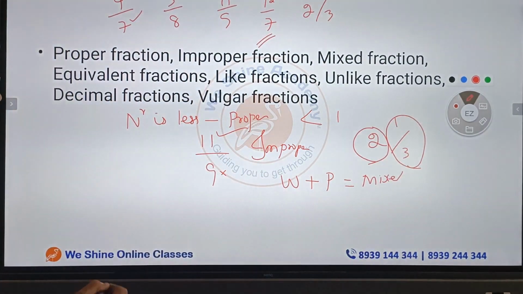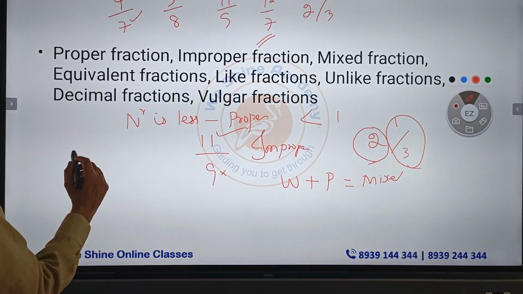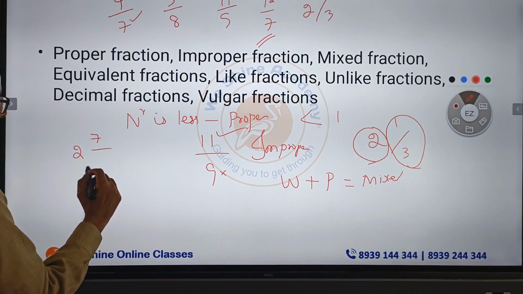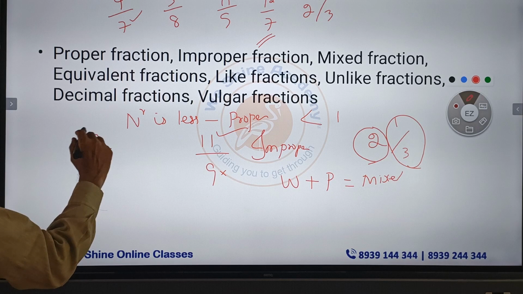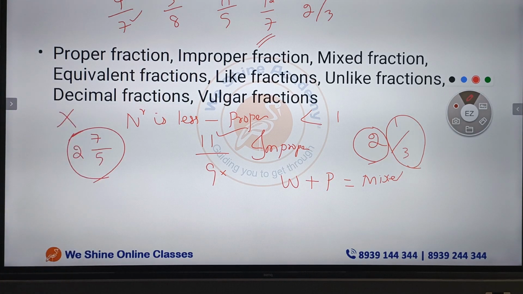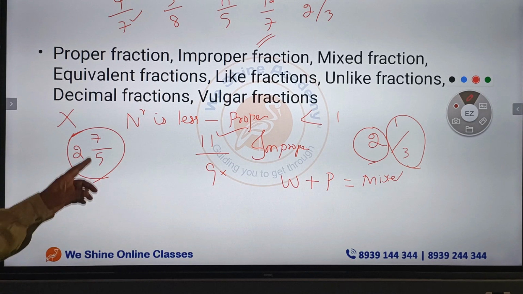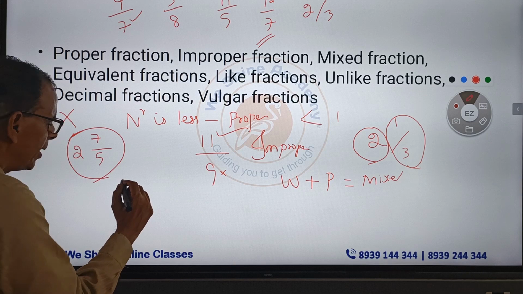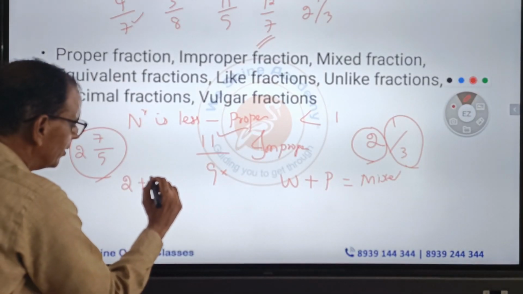This is called a mixed fraction. Suppose I add some fractions, I get 2 7 by 5. I should not give the answer as 2 7 by 5. This is the wrong way of representing. Why? 7 by 5 is an improper fraction. What is 2 7 by 5? 2 plus 7 by 5.